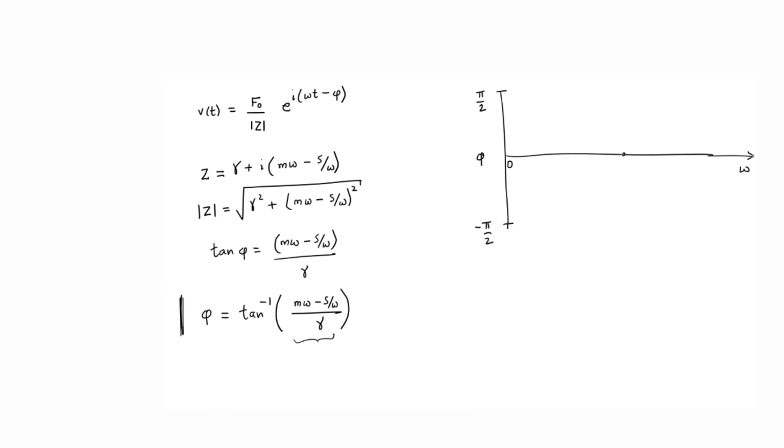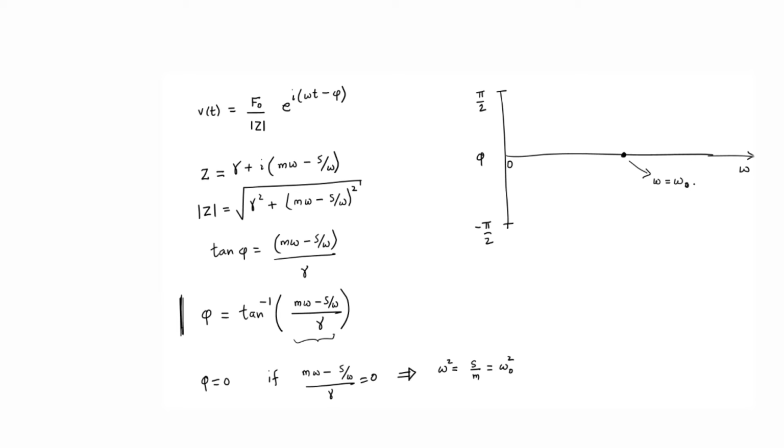That would happen somewhere here, when (m omega minus s by omega) divided by gamma is equal to 0, and this implies that omega square is equal to s by m. We know that s by m is what we attribute as the natural frequency of oscillation, and we will denote it by omega 0 square. So, this is the point where omega is equal to omega 0, which is equal to square root of s by m.